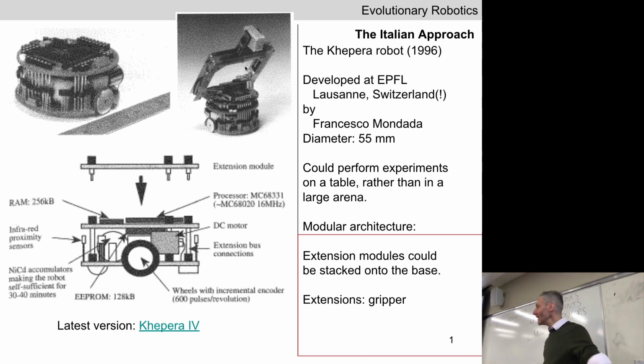In this little grainy picture here, they placed a little gripper on the top, and this gripper can rotate down and close around a sugar cube and then lift that sugar cube up over its head. Sound familiar? Okay, all right. Nice thing about this hockey puck Khepera robot is you could perform experiments with it on a table and it wouldn't kill anyone. If it falls over, you're going to be okay.